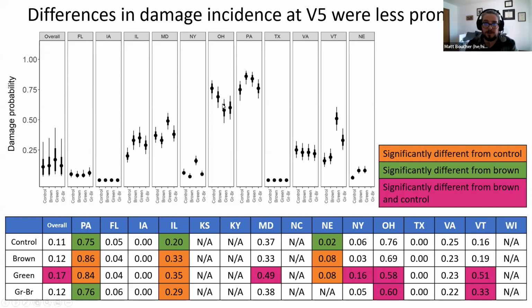Ohio here has lower incidence in its planting green plots, but Pennsylvania still has higher. Things are going to vary by state, and breaking that down and understanding that is something I want to open up for discussion towards the end of this talk.